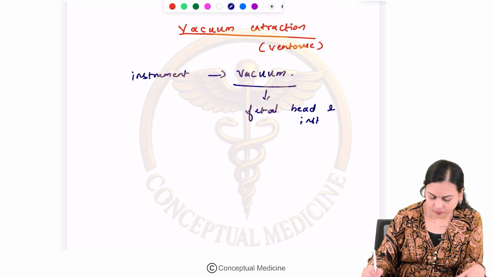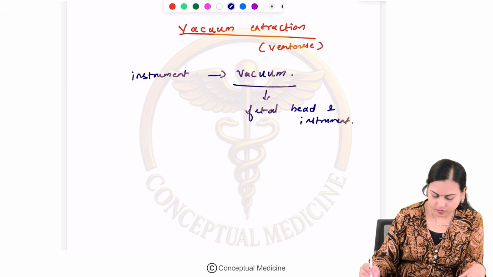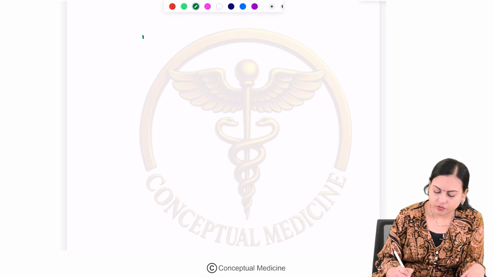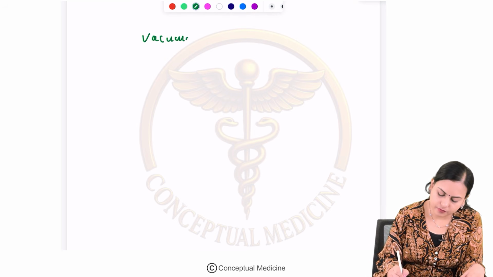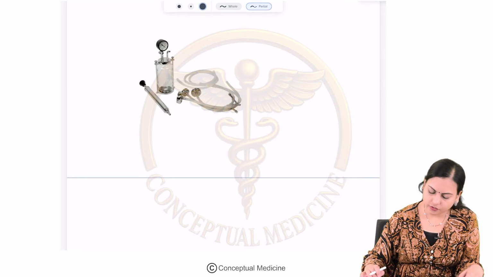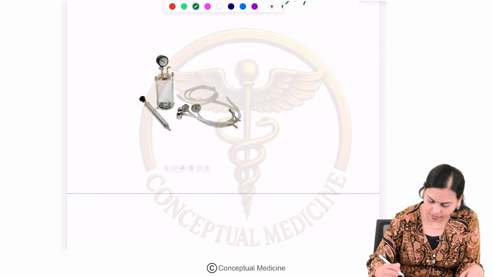Okay. So, generally vacuum extractor consists of a vacuum cup that is of the diameter 3, 4, 5 or 6 centimeter, etc. So, if you see this pic, you will be able to understand the parts well.